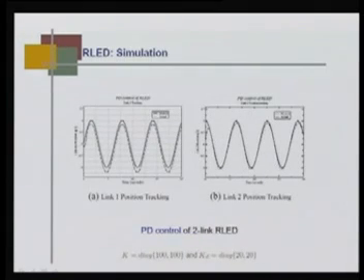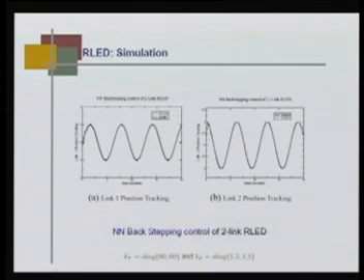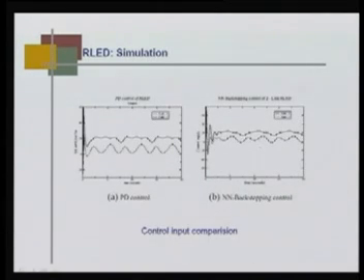So, you see that if I do simple PD control, there is a lot of tracking error in both joint 1 and joint 2, but once I implement the neural network based backstepping control, my tracking error goes to 0. And this is my error, this is control input, okay, and this is PD control actions, and this is backstepping control action.